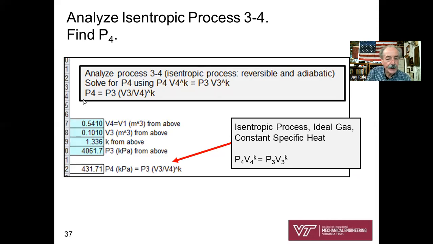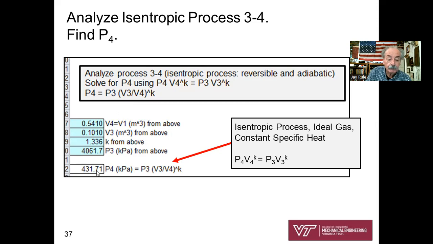Tried and true, isentropic process 3 to 4. You must have your PV diagram to keep this straight. Solve for P4. P4 is P3 times V3 over V4 to the K. This isn't just a formula, it's using the fundamental statement of an isentropic process: ideal gas, constant specific heat, isentropic.